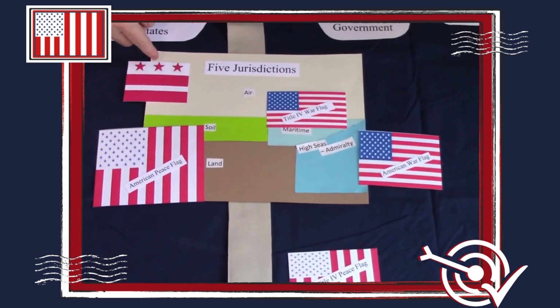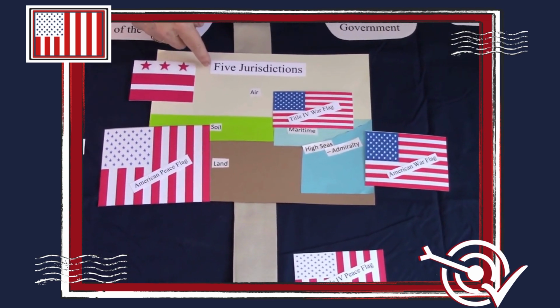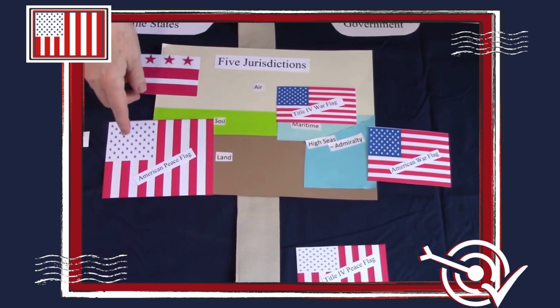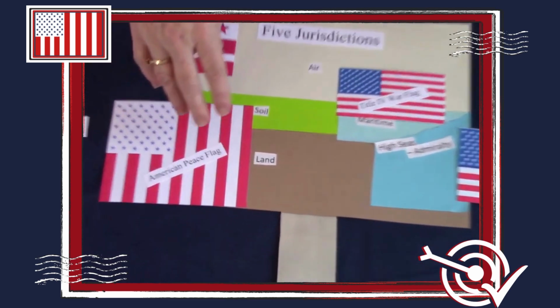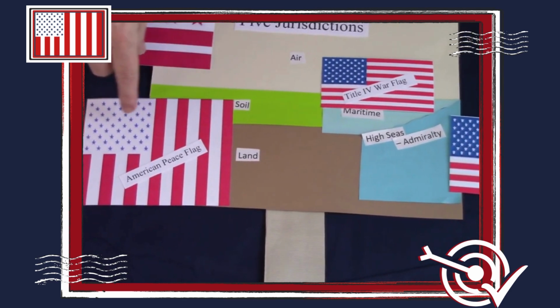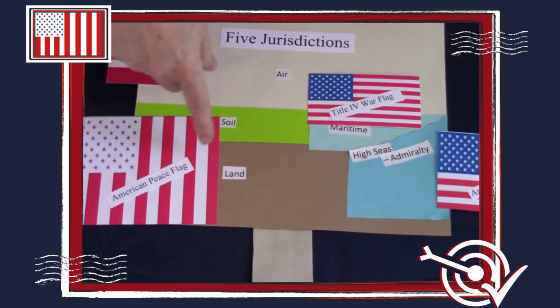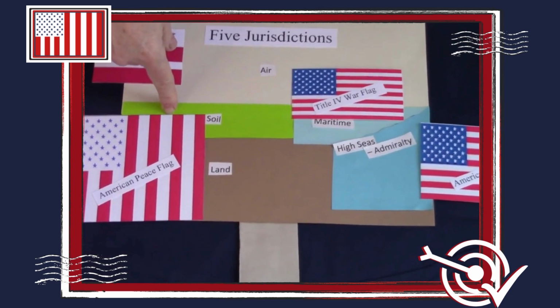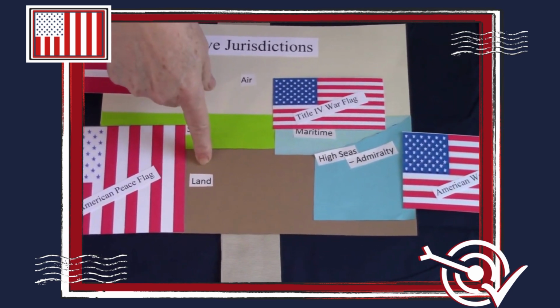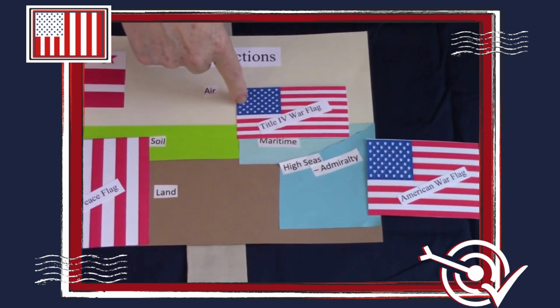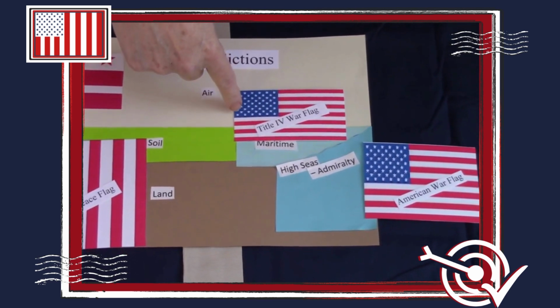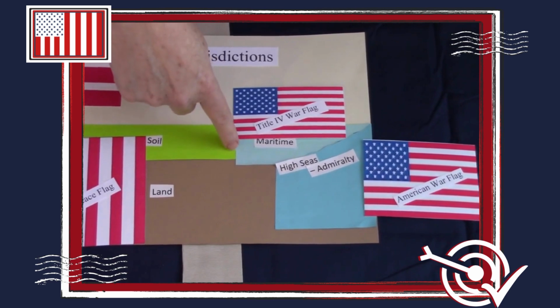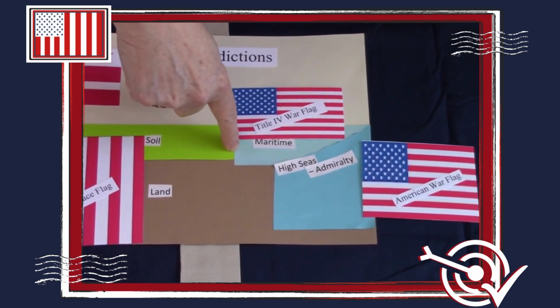The municipal government is in charge of the air. The American government, under the peace flag, is in charge of the soil and land. The territorial government, with the Title IV flag, is in charge of maritime jurisdiction.